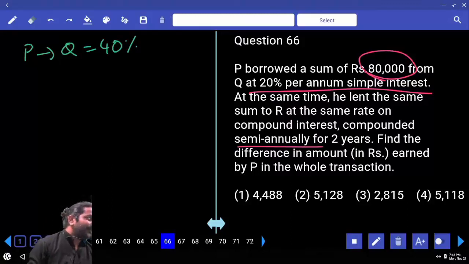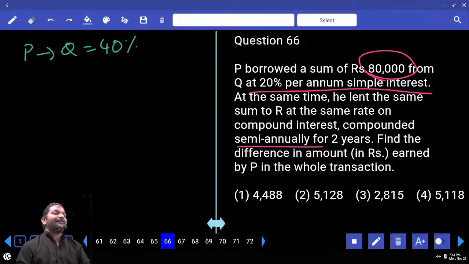That means per annum it is 20%, per half year 10%. In 2 years, how many times do we compound? 4 times, right? So compound interest is 10% per half year for 2 years.